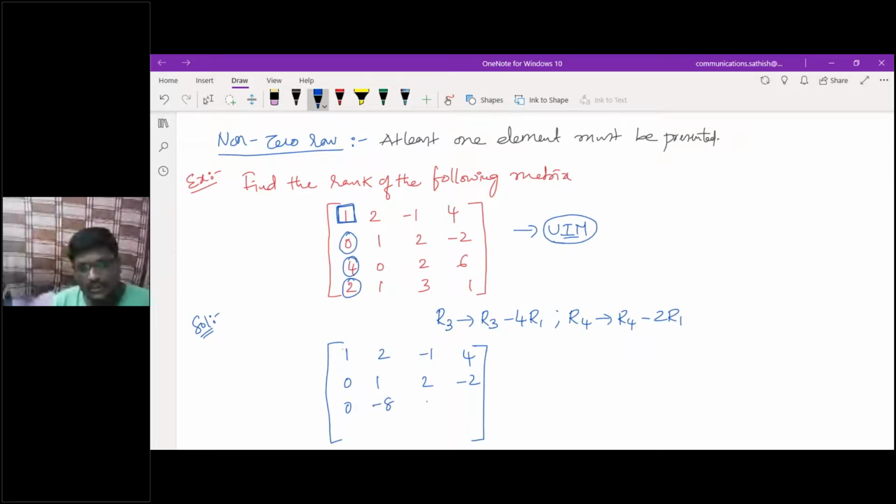Next one: 2 minus 1 plus 4 gives 6. Then 6 minus 16, minus 10. The values you will have here are 0, minus 3, 5, and minus 7. Am I correct? You can cross verify the values. Yes, sir.